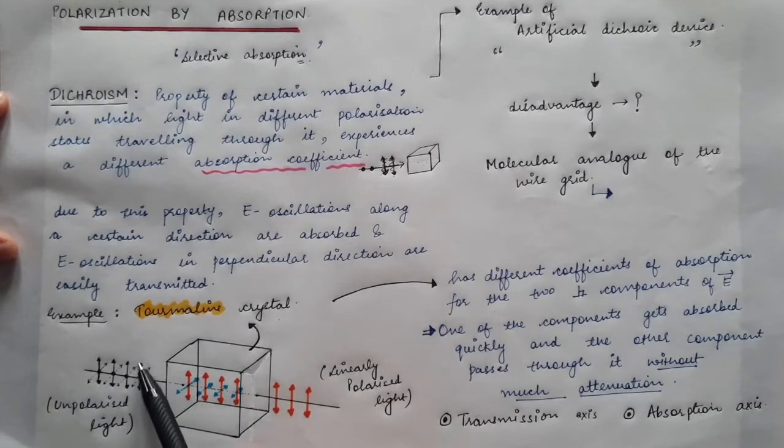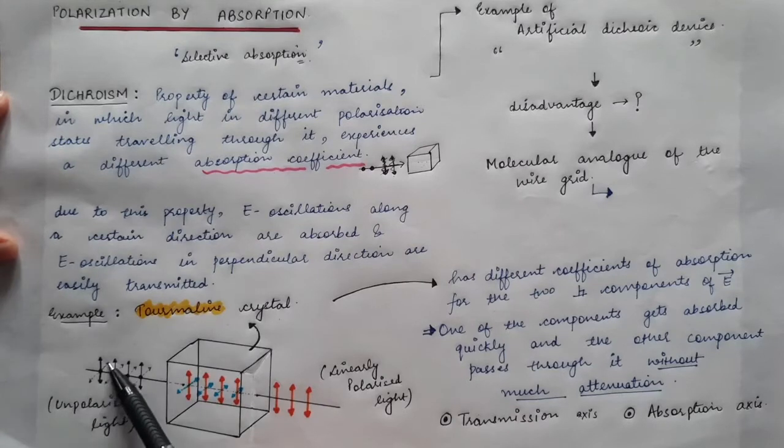So you can see that the electric field component which is in the plane of the paper easily passes through the tourmaline crystal, because this crystal shows very low absorption to these vibrations of the electric field, which I have shown in orange color.